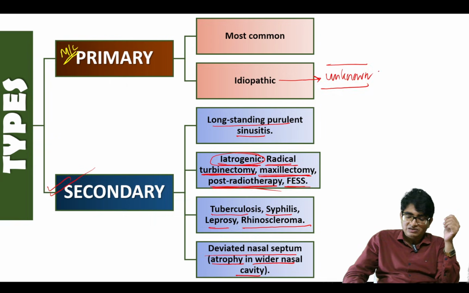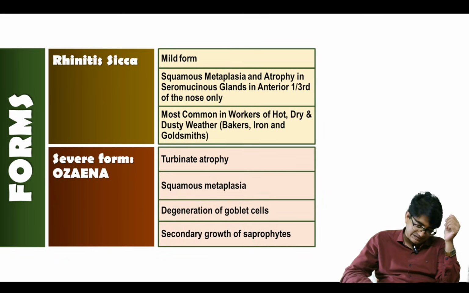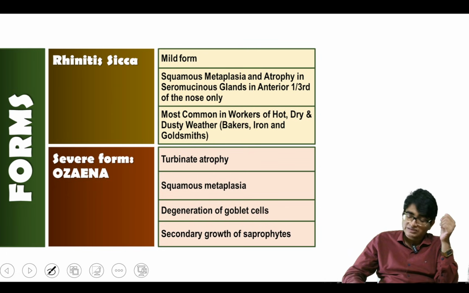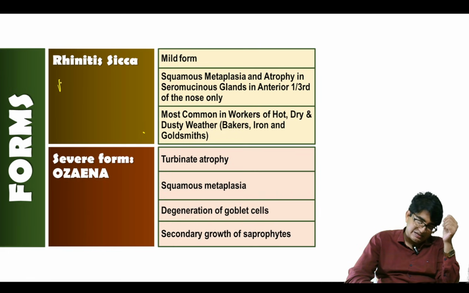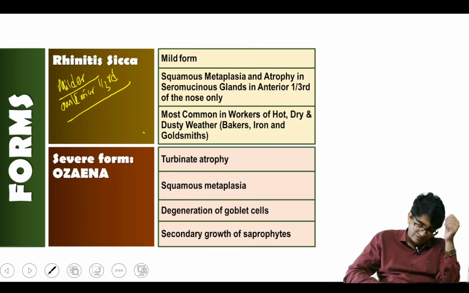Now coming to the forms of atrophic rhinitis. Firstly, it is rhinitis sicca. It is the milder form and it involves the anterior one-third of the nose only. Very importantly, only the anterior one-third of the nose is involved.